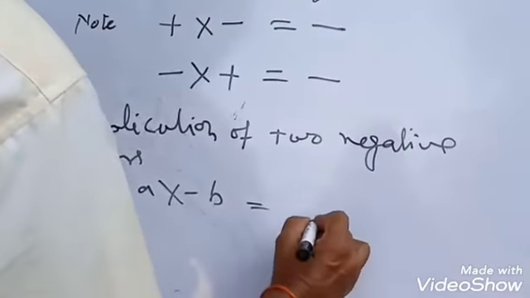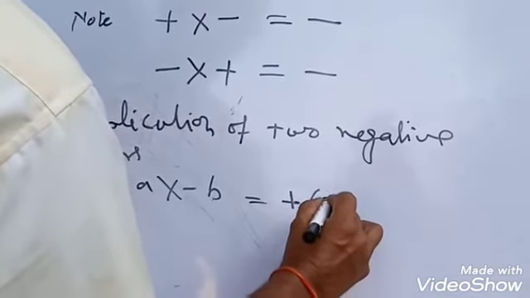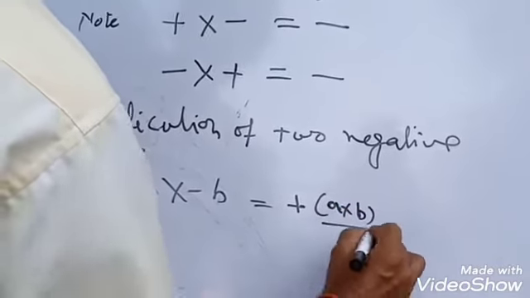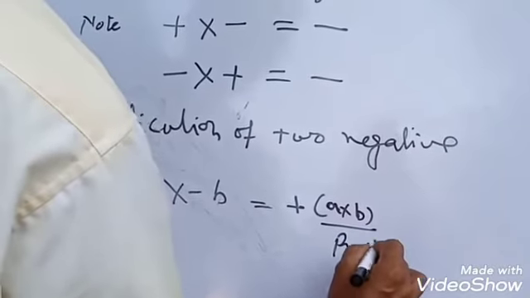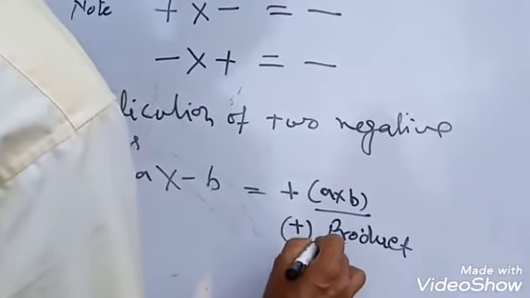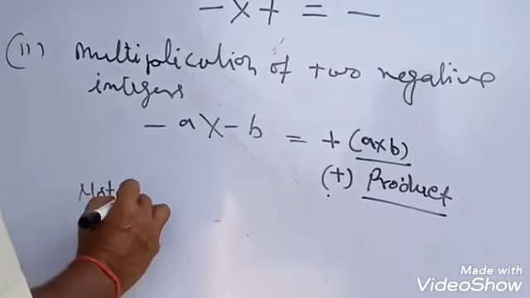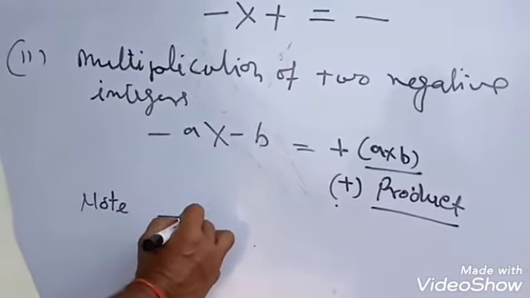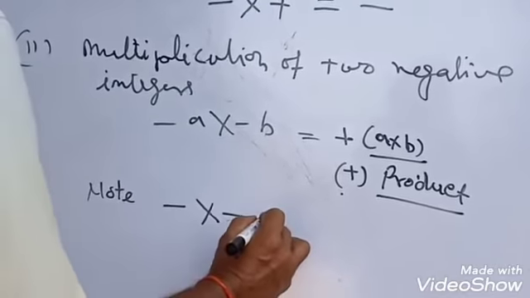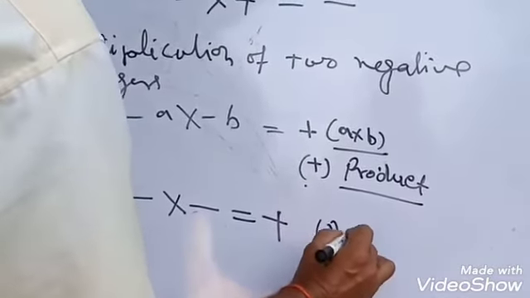The product will be plus a into b. The product sign is positive. Note: minus into minus is equal to positive.